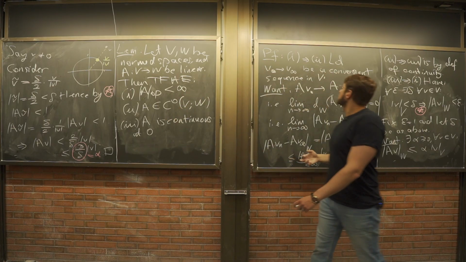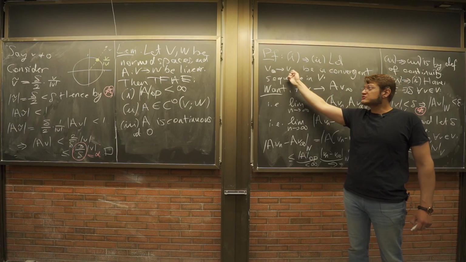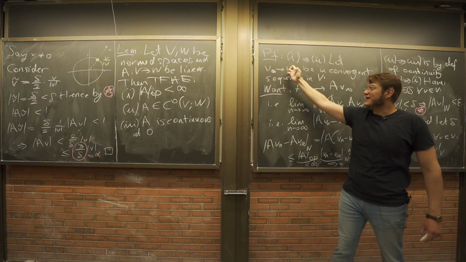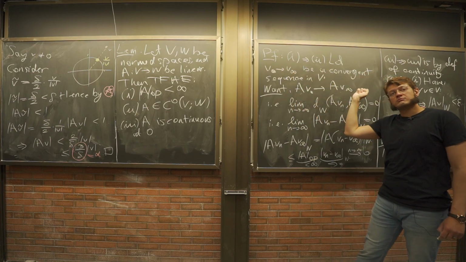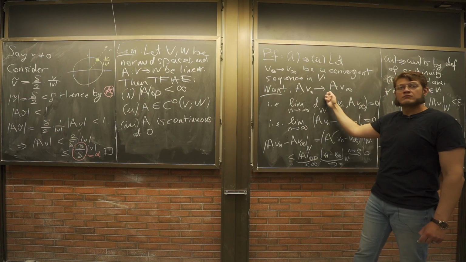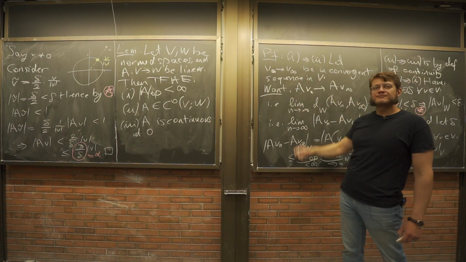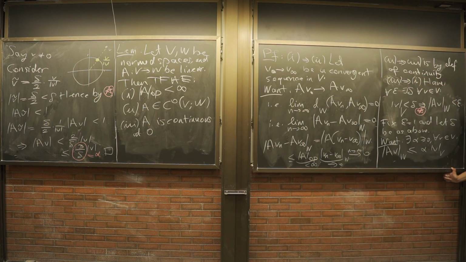Let's let B infinity be an arbitrary point. In order to show that A is continuous at B infinity, I would need to show that for any sequence that converges to this B infinity, the outputs converge also. And then the idea is you show that at every point, and therefore it's continuous. Okay. I just didn't write that part.